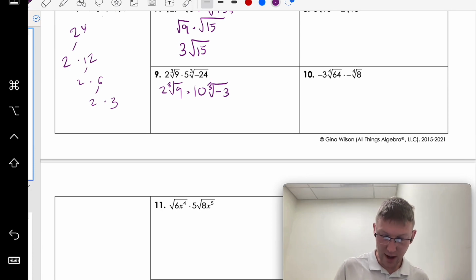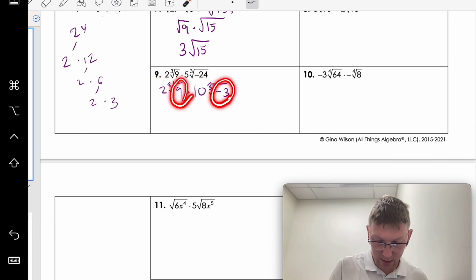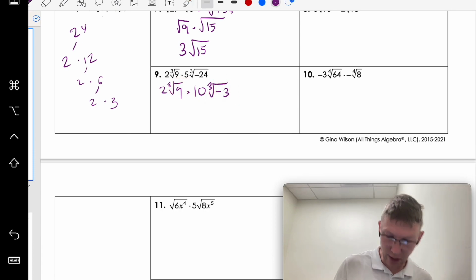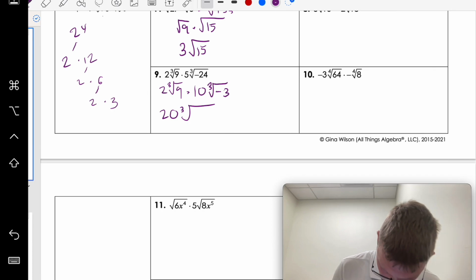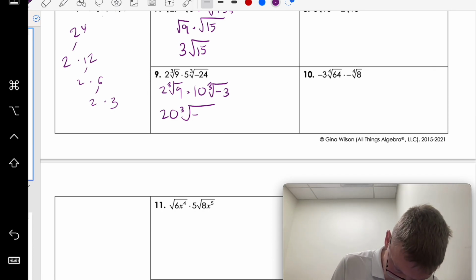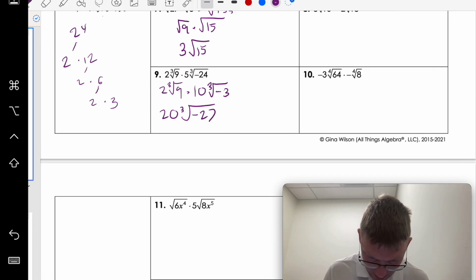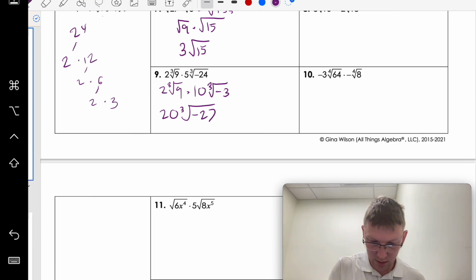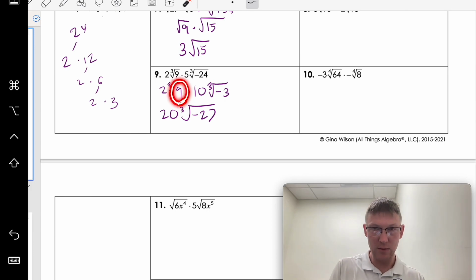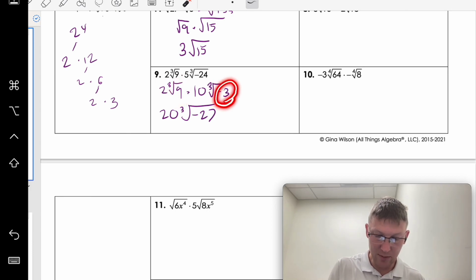So now from there, we're going to multiply the coefficients. Then we're going to multiply underneath the radical sign, and we're going to see what we get. So we'll have 20 cubed root of 9 times 3 is negative 27, right? Yeah. So now, and this is where my brain's at, 9 is 3 times 3 times another 3.